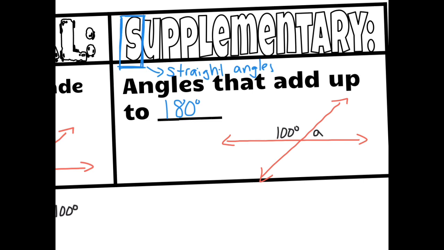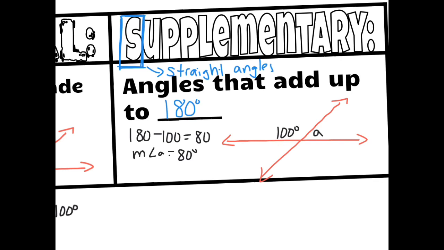Since we can see that the 100 and A are supplementary because they make this straight line, I can figure out the measure of angle A by taking that 180 minus the 100 degrees that we know, which means the measure of angle A is equal to 80 degrees.